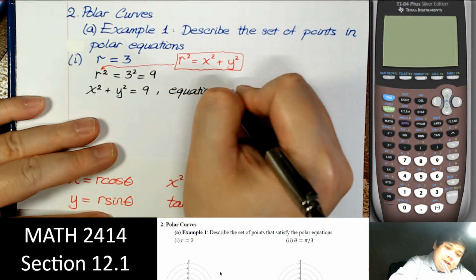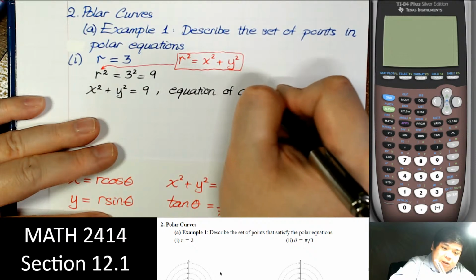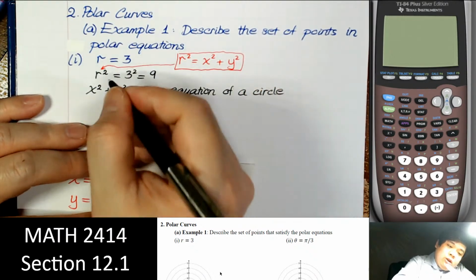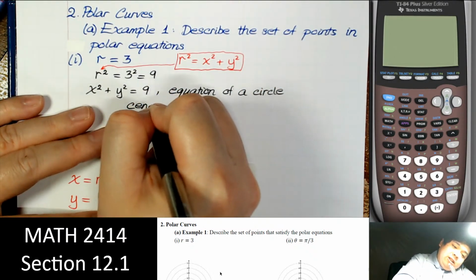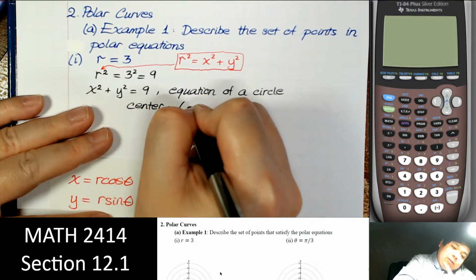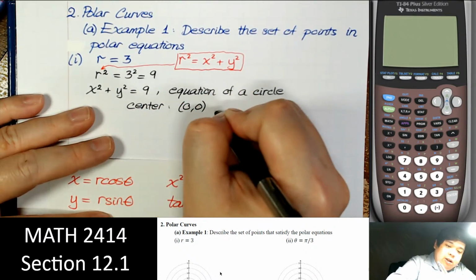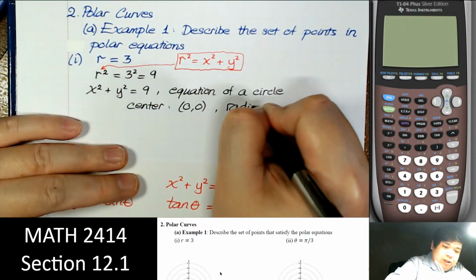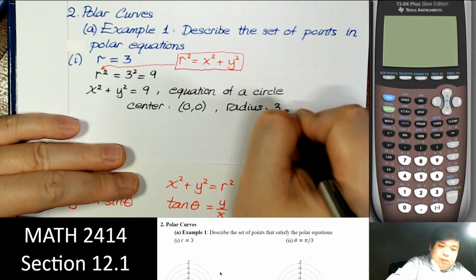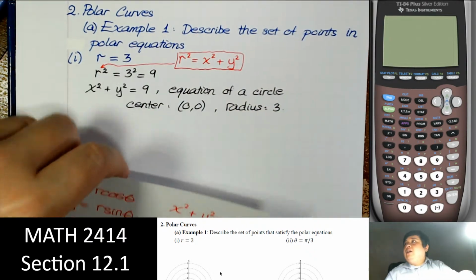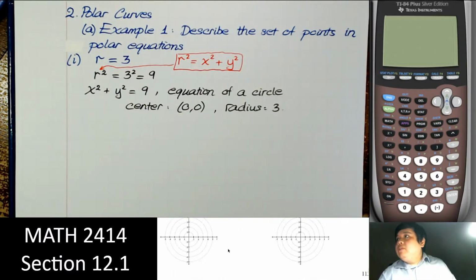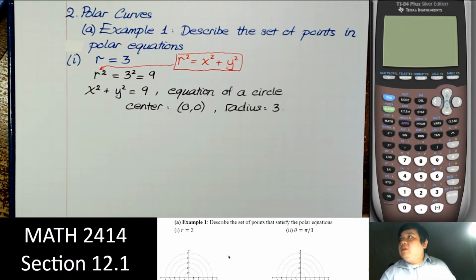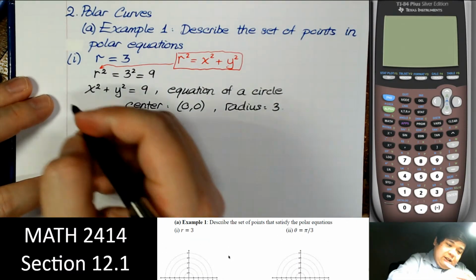Equation of a circle with the center at the origin and the radius is 3.